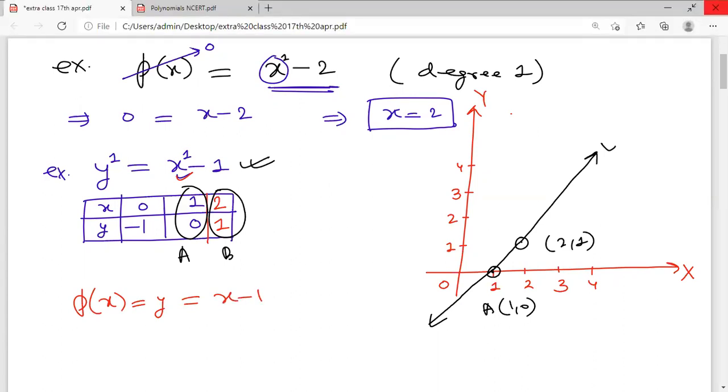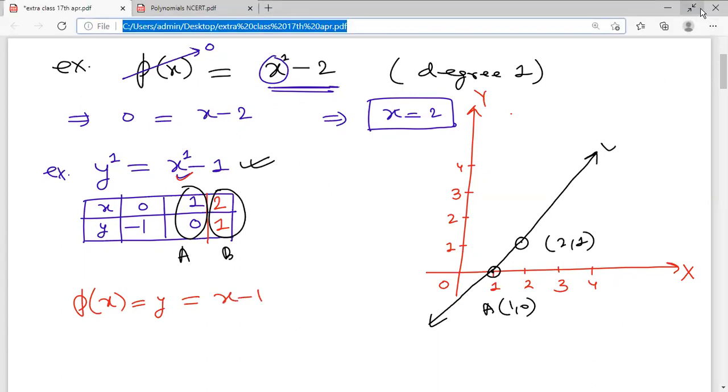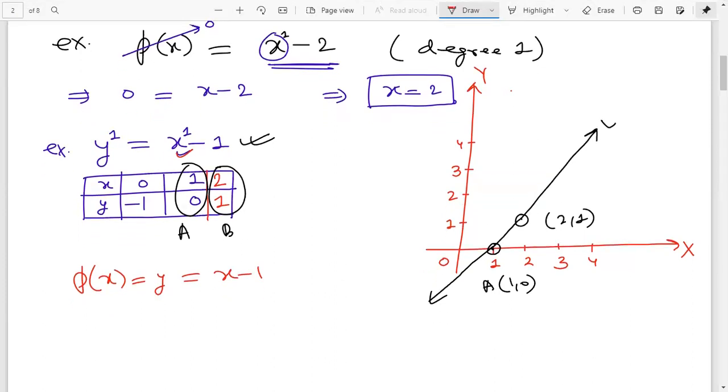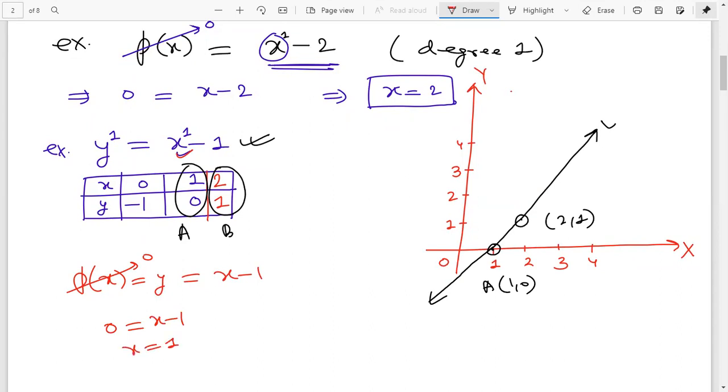We want to find the zero, so we put p(x) equal to 0. p(x) is 0 means y is also 0, because p(x) is x minus 1. So x will be equal to 1. So the zero's value will be 1, and that value is the x value only, x equal to 1. Because the degree is 1, that means the point is (1, 0).